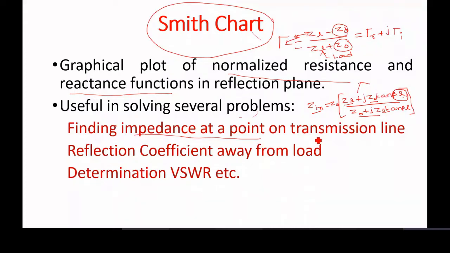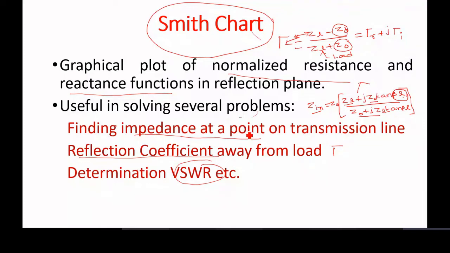Similarly, we can find the reflection coefficient, and once we find the reflection coefficient, we can determine the standing wave ratio also. Whereas if you do it mathematically using these formulas, these are complex expressions, so you need to do a lot of calculation.